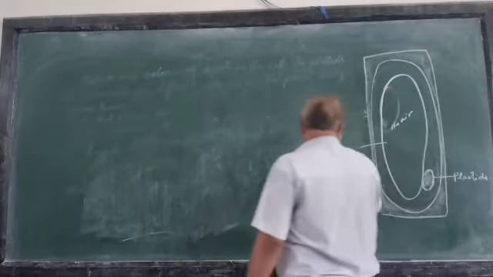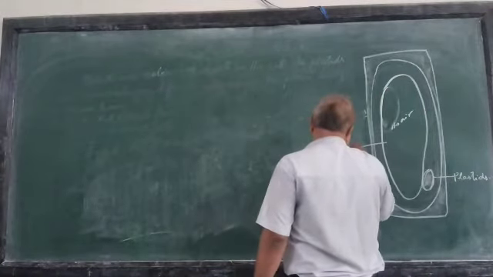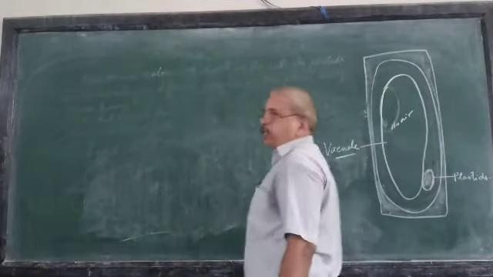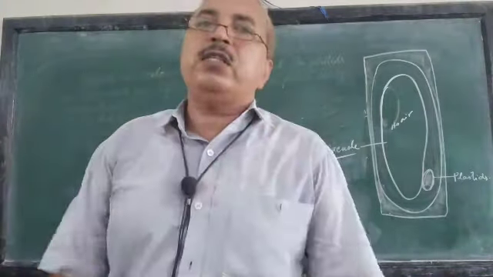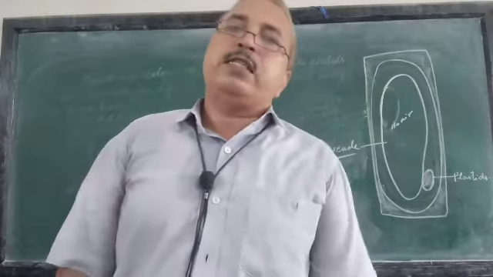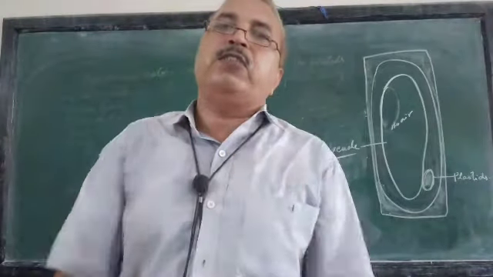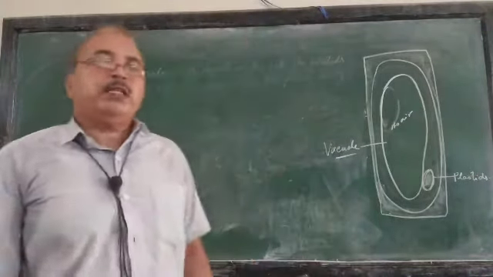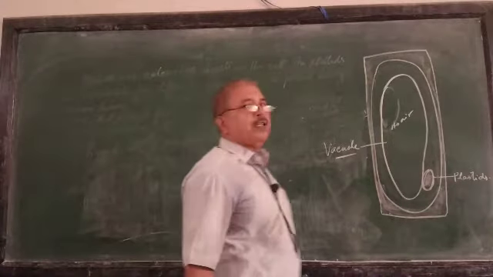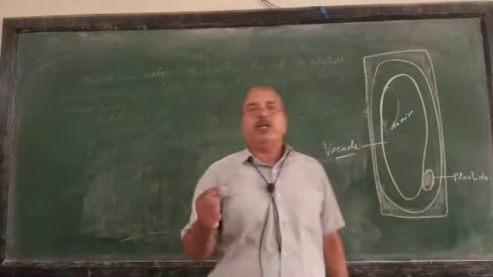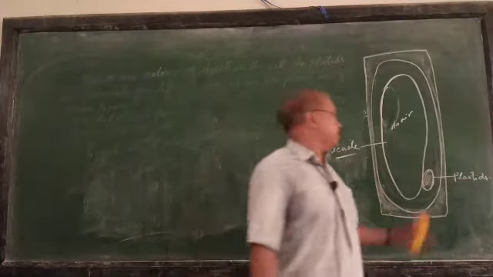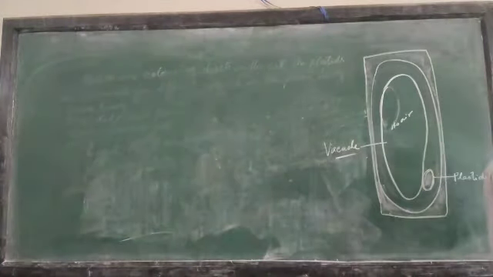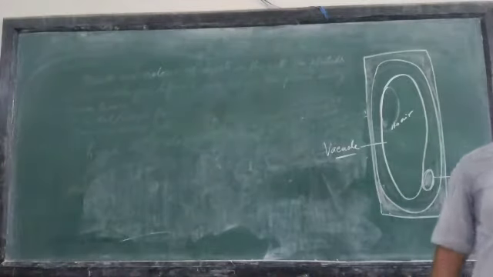This is called a vacuole. We see one very big vacuole in plant cells. But in animals, we will find two or three vacuoles, and they may be smaller in size compared to the vacuoles of the plant cell.